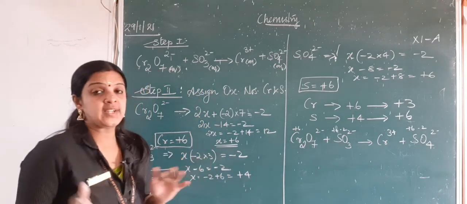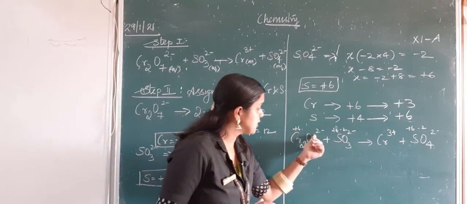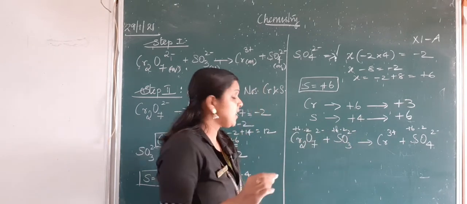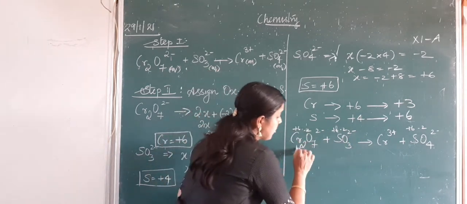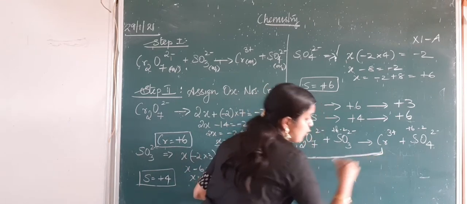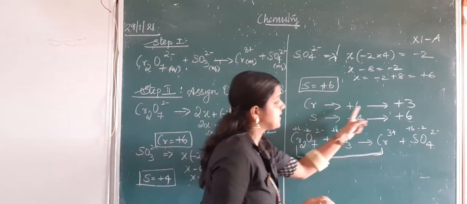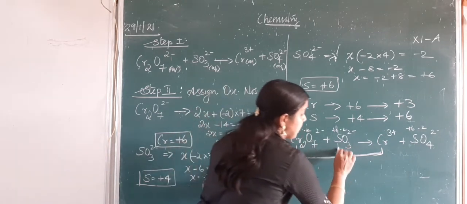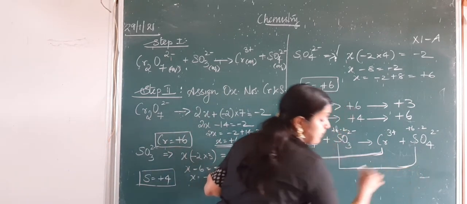After writing the oxidation numbers on top of each element, we understood that chromium has decreased from +6 to +3 and sulfur has increased from +4 to +6.